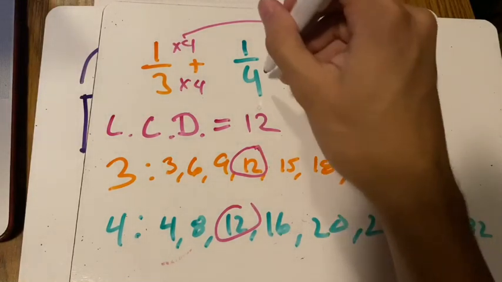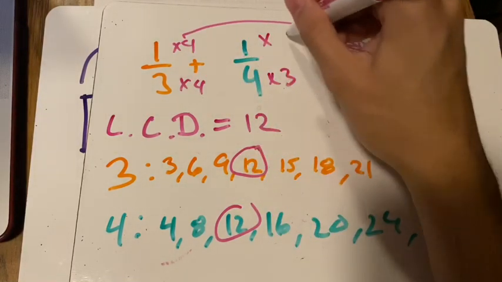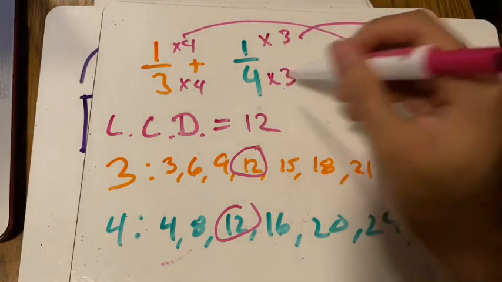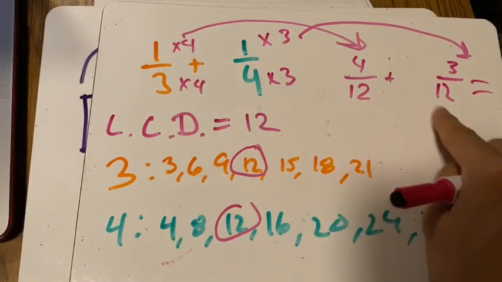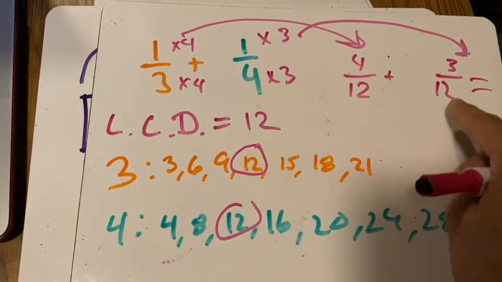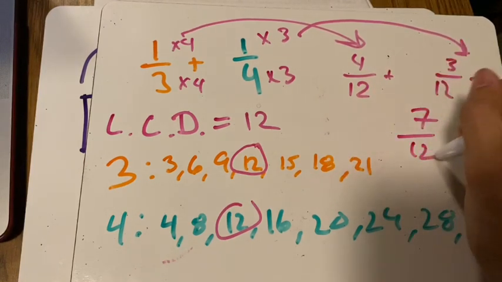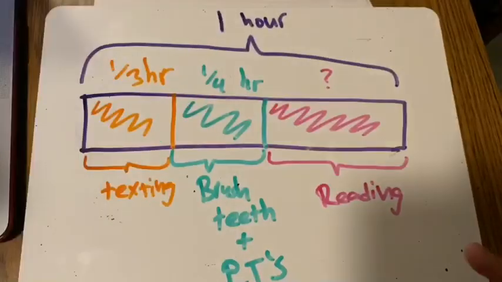But anyways, back to this problem. How can I change this 4 into a 12? Multiply by 3. So now I have 1 times 3, 3. 4 times 3, 12. And notice again how both of my denominators are the same. So that means I'm on the right track. 4 plus 3, 7 over 12. My answer is 7/12. But I'm not finished.